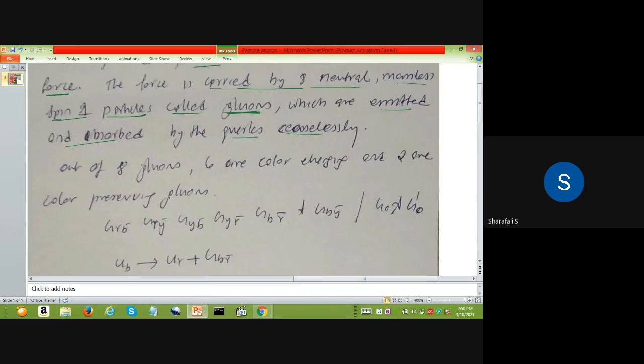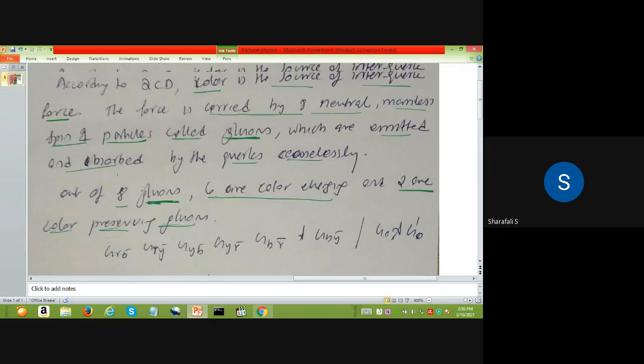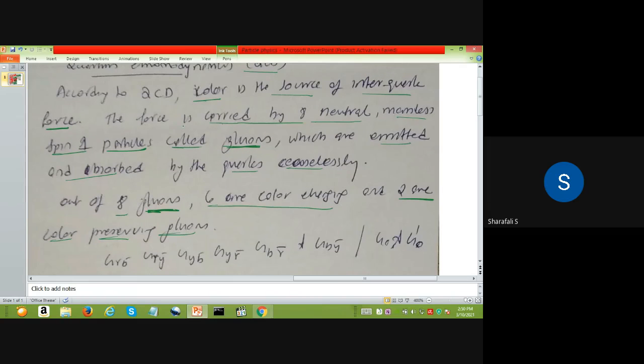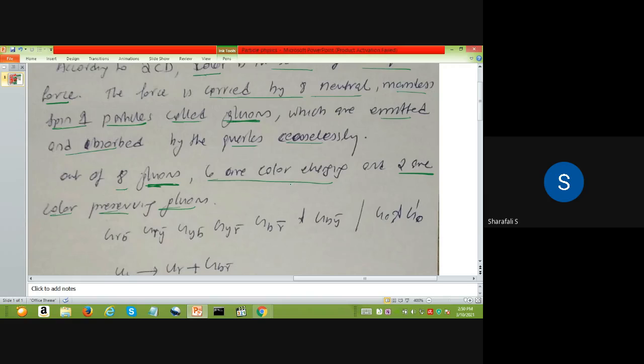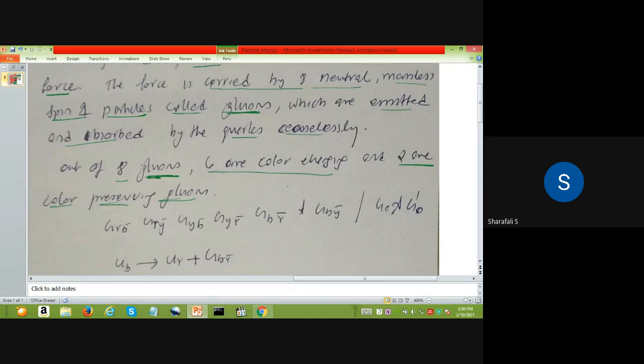Out of these 8 gluons, 6 are color changing gluons and 2 are color preserving gluons, which act as the color exchangers between those quarks.